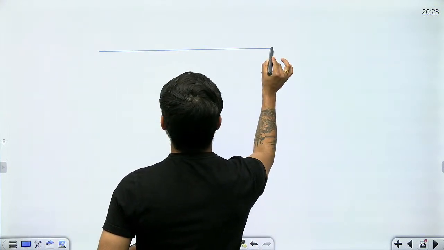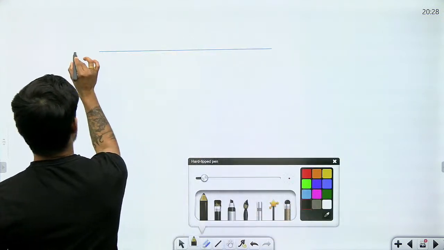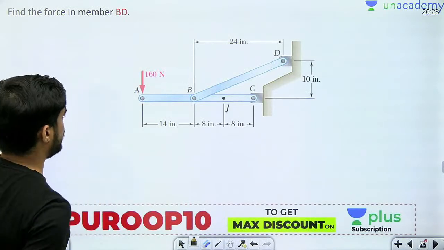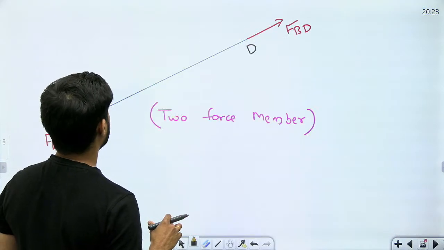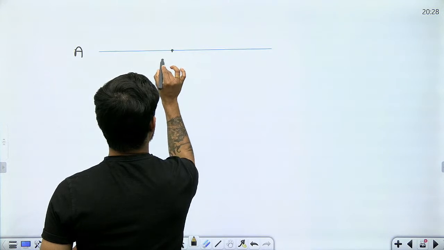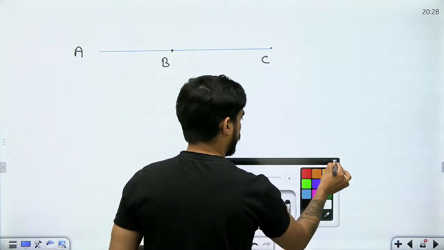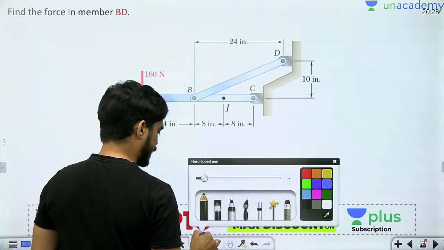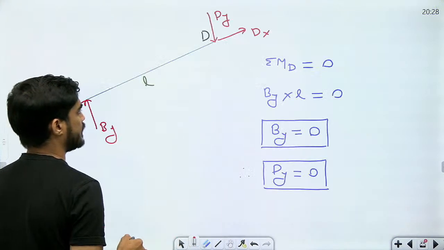Draw the free body diagram of ABC. This is A, which is subjected to 160 Newton, then B, and then C. Now we know that there is only one force at B, which is FBD, acting like this.